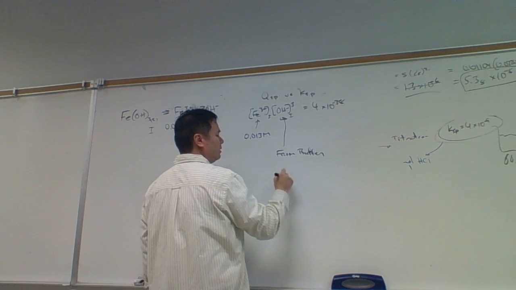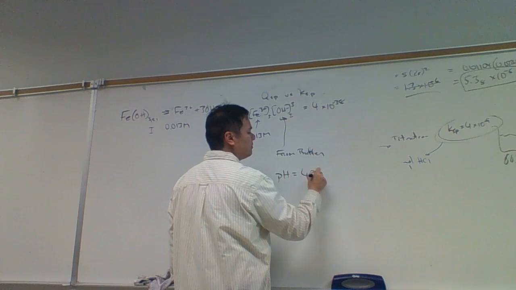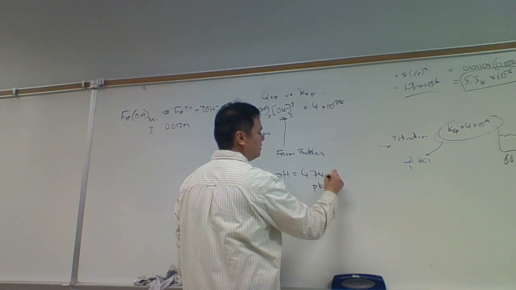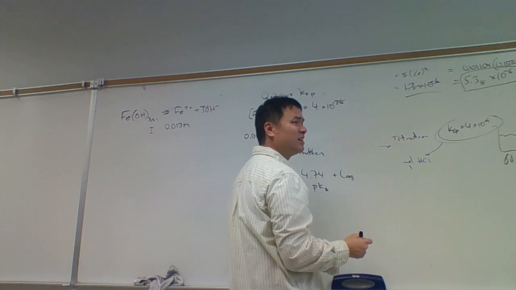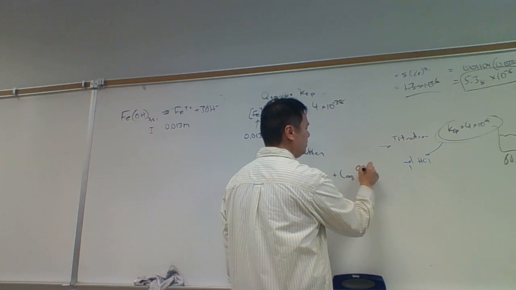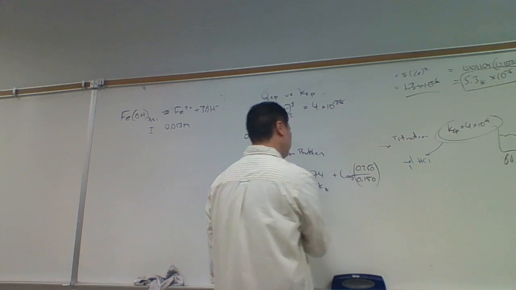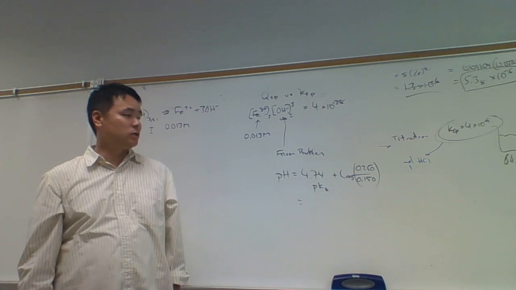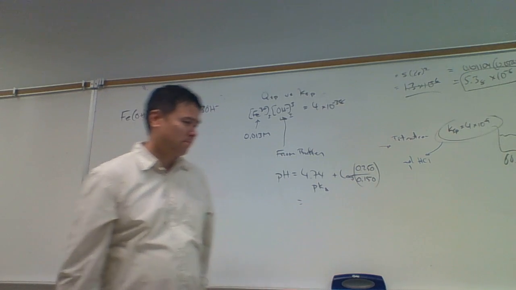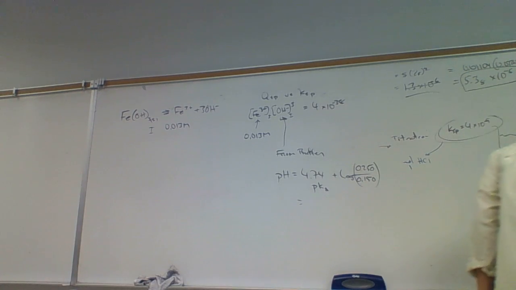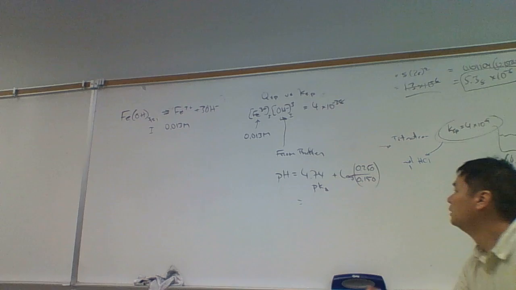So why don't you calculate the pH? The pH is going to equal 4.74, this is the pKa, plus the log of the base to acid ratio. The base, 0.250, the acid, 0.150. What does that give us for our pH? 4.96.